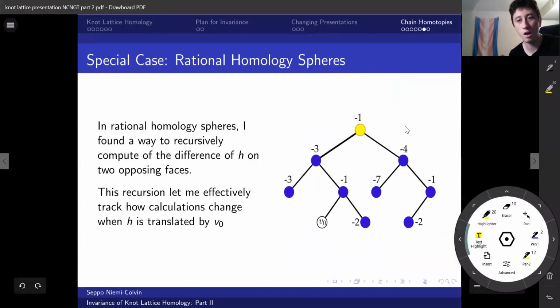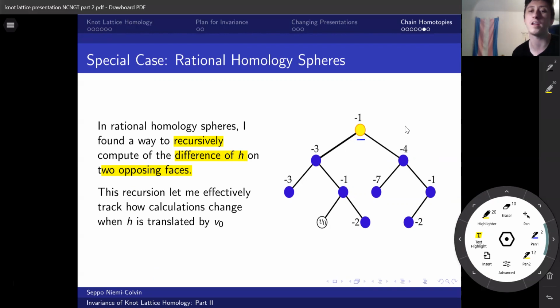For rational homology spheres, I found a way to recursively compute the difference of H across two opposing faces, which is what we need to know to see if we can homotope something in one direction or the other. And the recursive piece is that, say this is a cube supported on everything, we want to know the difference in the direction given by this vertex, because our vertices are giving directions that our lattice is happening in.